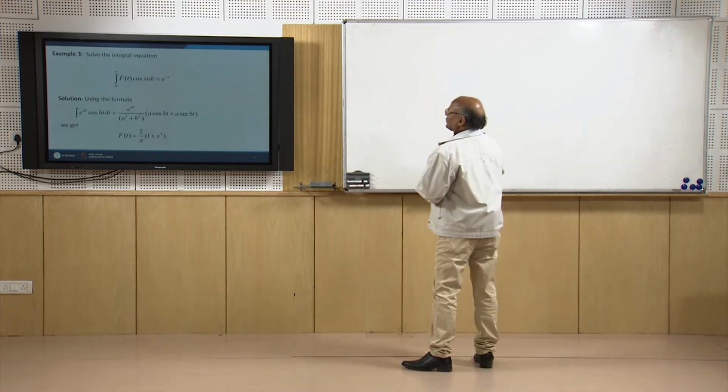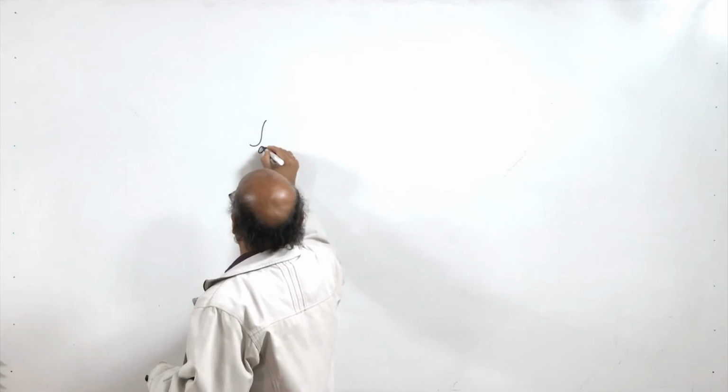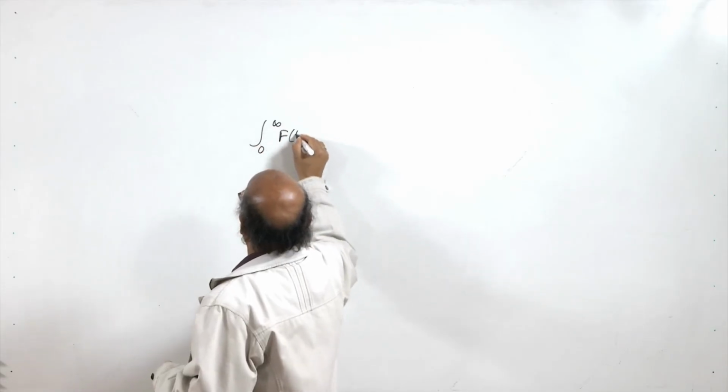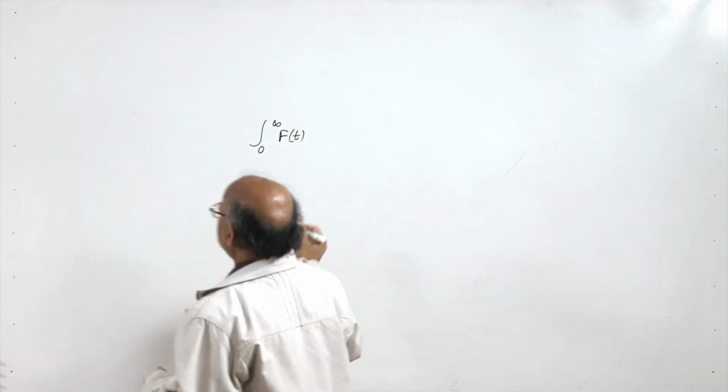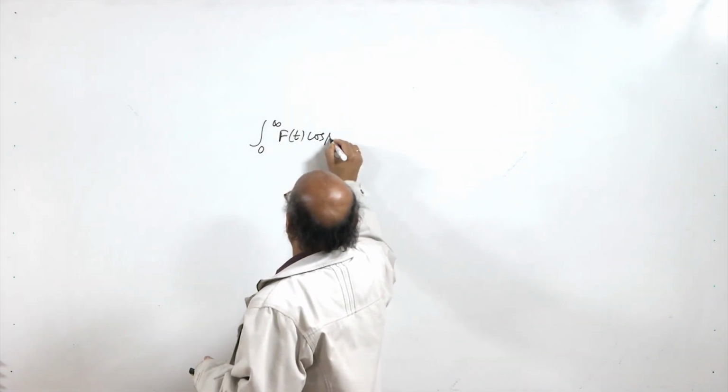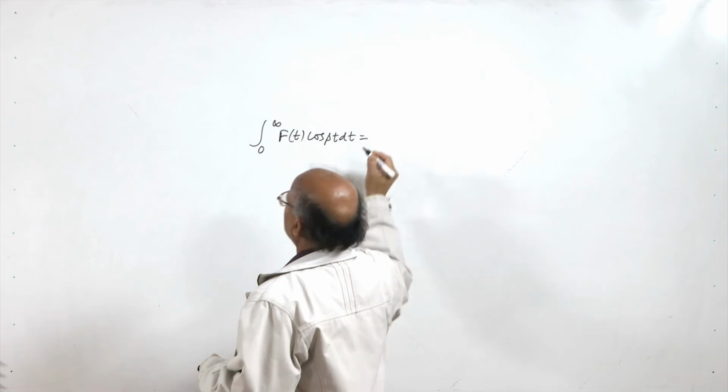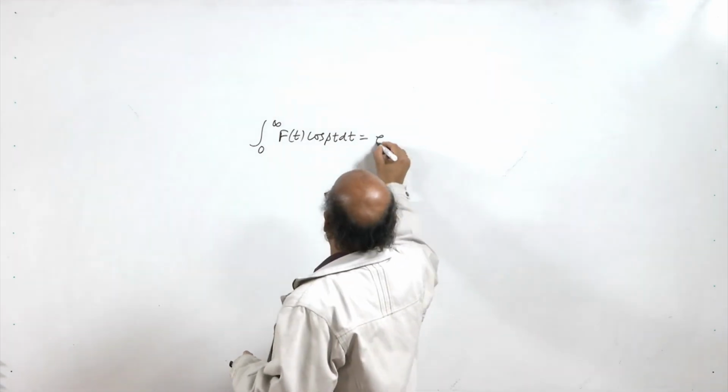So suppose we have to solve the integral from 0 to infinity of f(t) cos(st) dt equal to e to the power minus s.